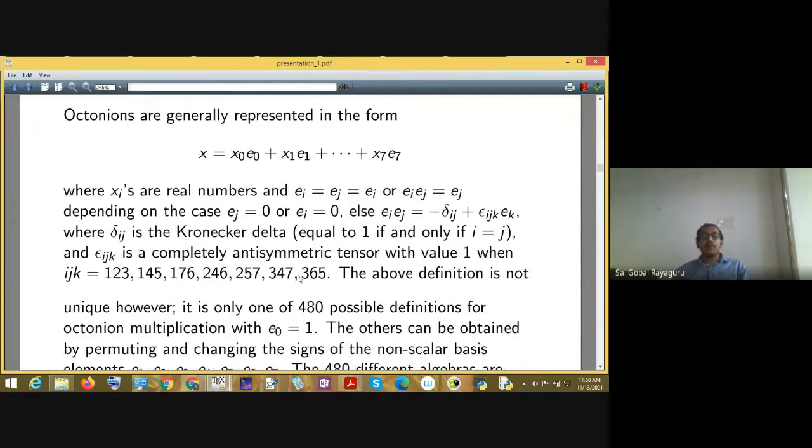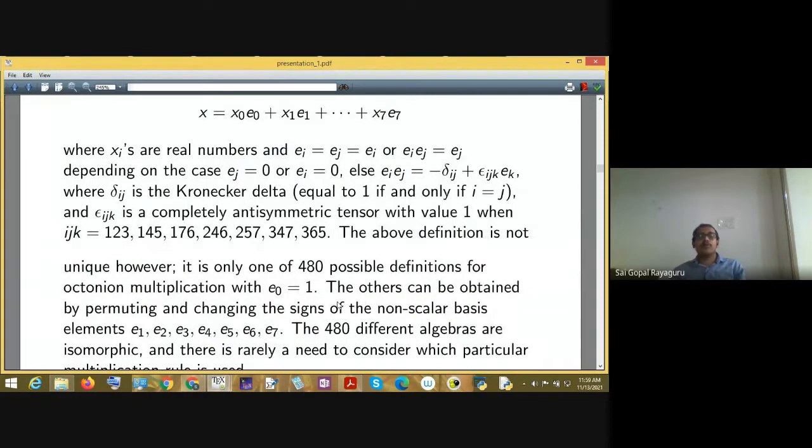This multiplicative rule we are defining is actually not unique. There are as many as 479 more possible definitions for this octonion, and here I have used e naught equal to 1, like in the case of quaternions, where the first value product with a was 1.